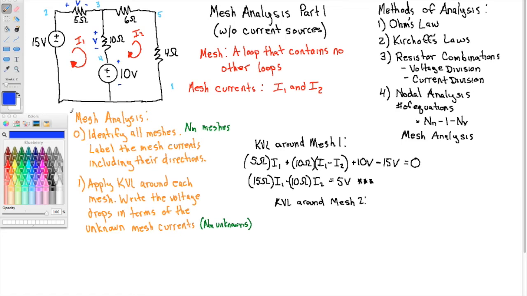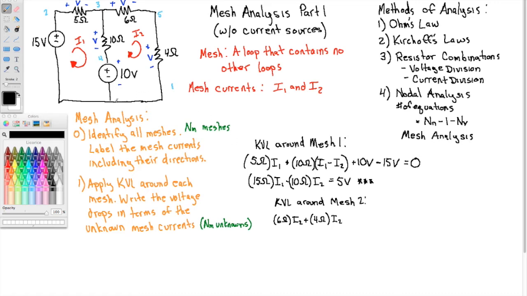The voltage drop across it is, according to Ohm's law, 6 ohms times I2. Then that puts me at node 5, and I need to drop across the 4 ohm resistor. Right? So according to Ohm's law, that drop is 4 ohms times I2.